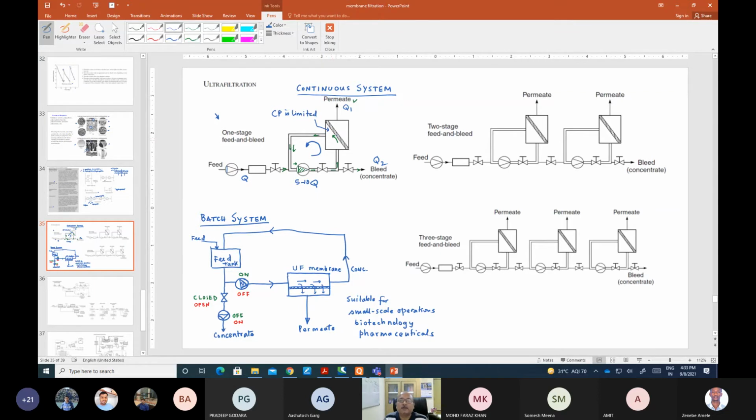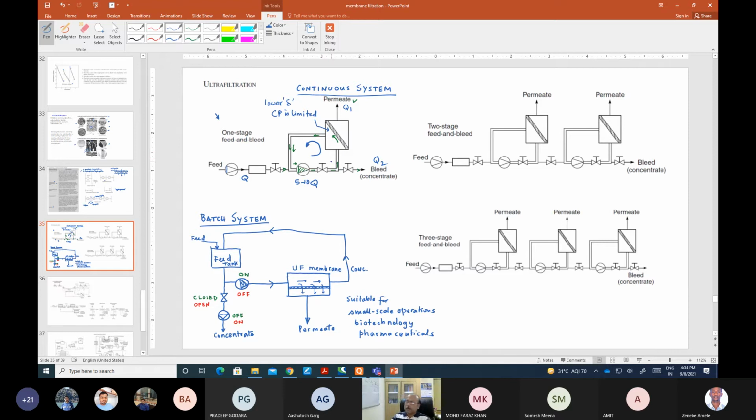So the flux across the membrane is pretty high, or the velocity of the liquid along the membrane is very high. So you have higher turbulence, and you have a lower value of delta. That is how you can limit your concentration polarization.